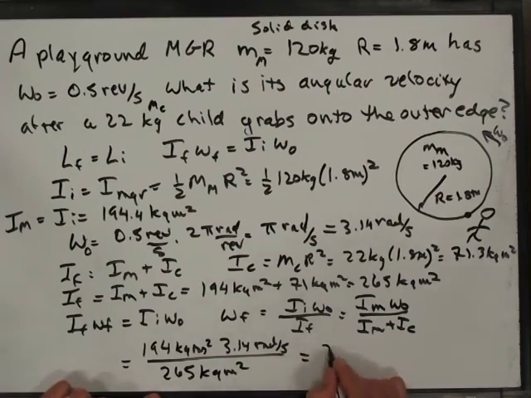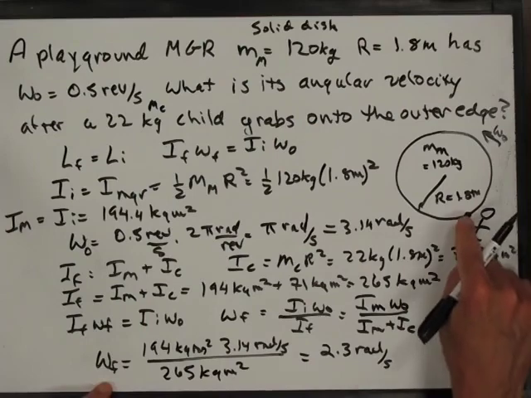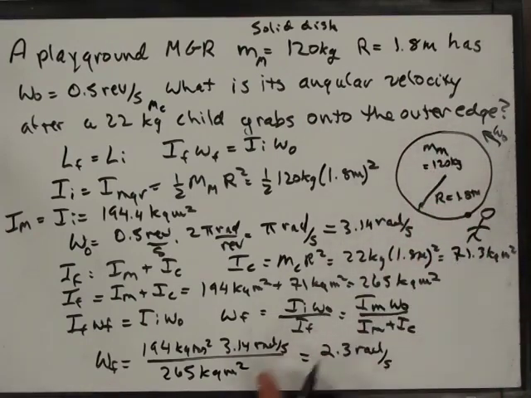And that gives me about 2.3 radians per second. And so that's the angular velocity after the child grabs on and slows the thing down.